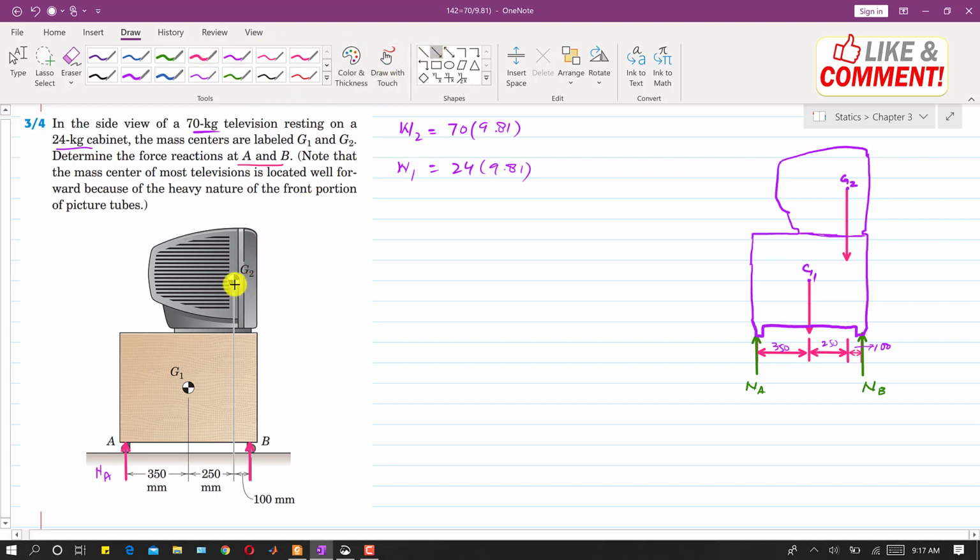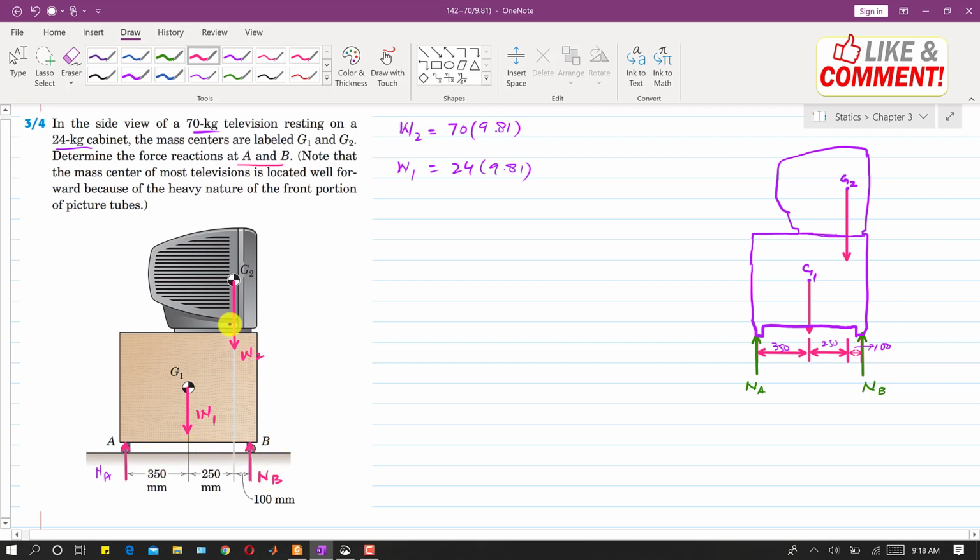Here the weight of the television will be acting downward, so this will be W2 and this will be W1. We are asked to find the reactions at A and B, so this is the reaction at B.